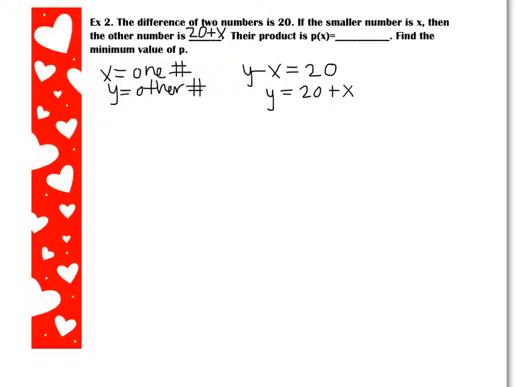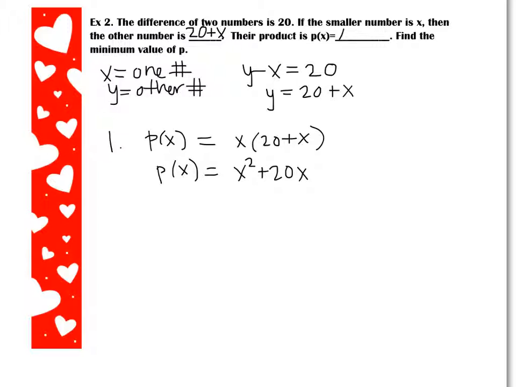Okay? So then their product, if I write an equation for their product, this is the part where we write the quadratic. If I multiply together x and 20 plus x, then I'm going to get the quadratic equation x squared plus 20x. Now I kind of forgot to mention this on the first slide.